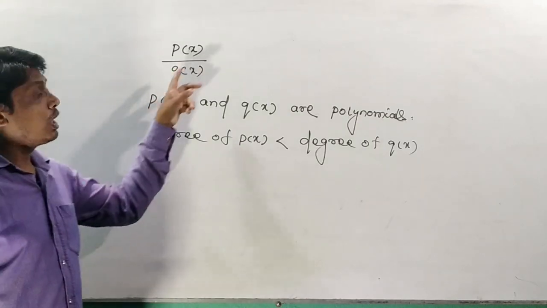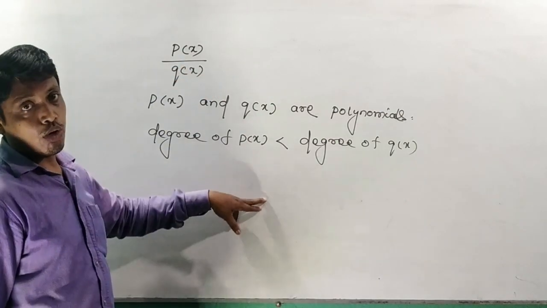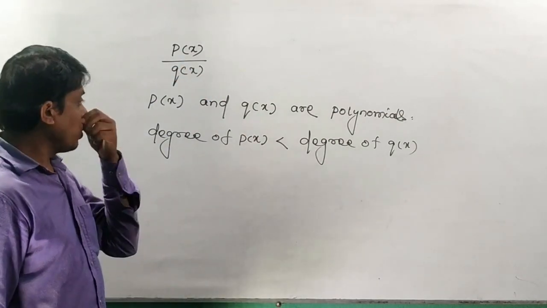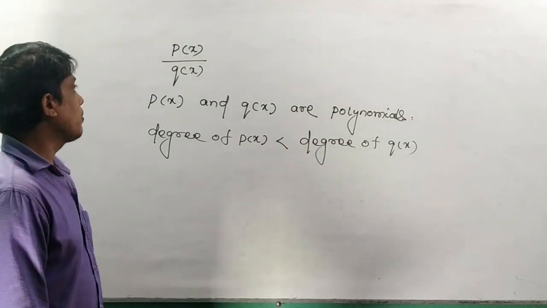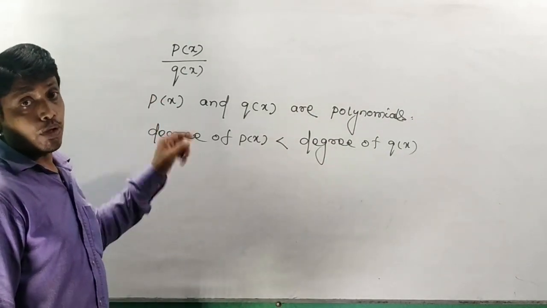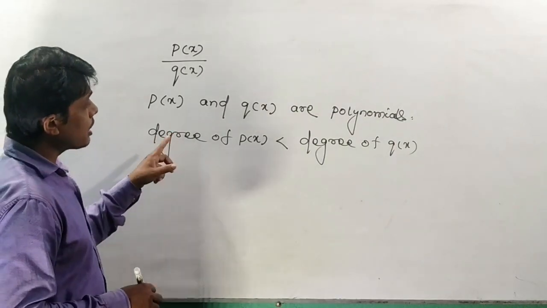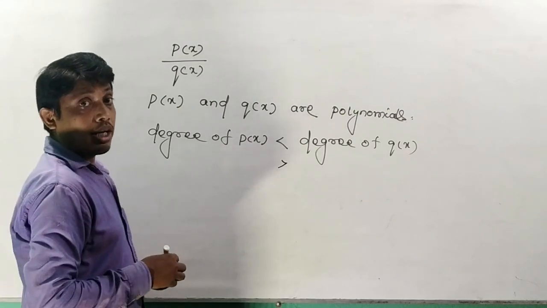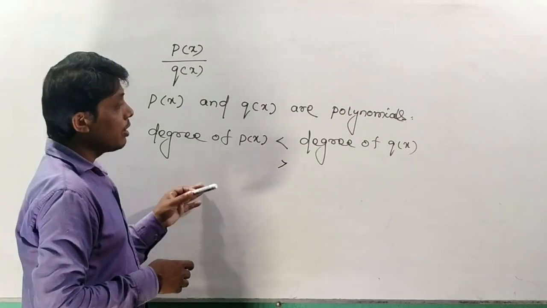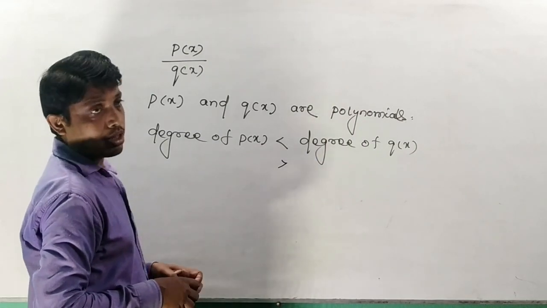Then we call this a proper form. If this is in proper form, then we have to use the partial fraction. If it is not in proper form, that means the degree of p of x is greater than the degree of q of x, then take the long division and after that apply the partial fraction.